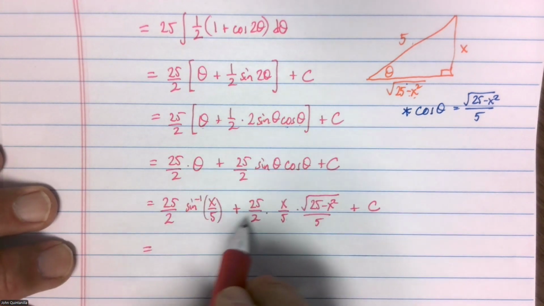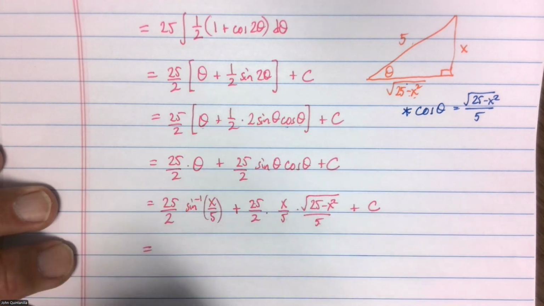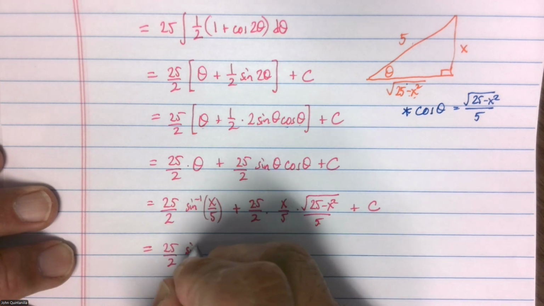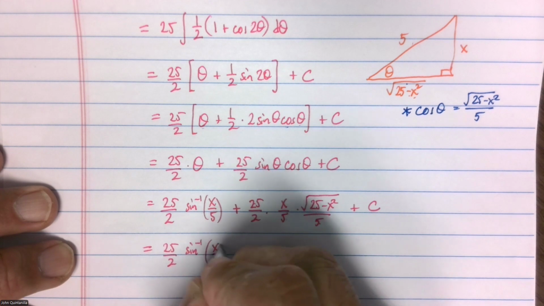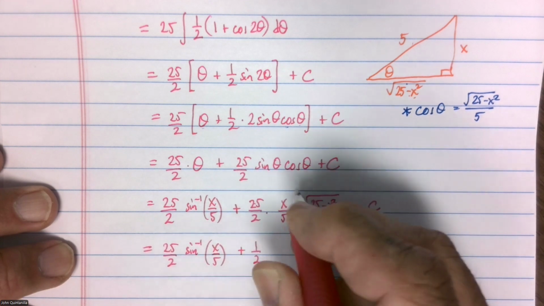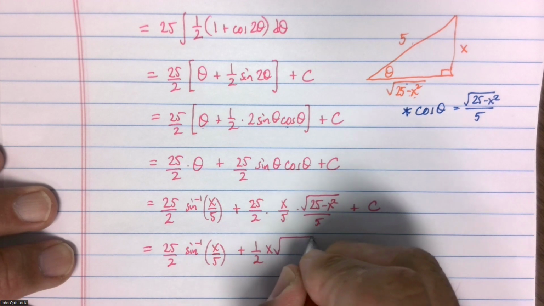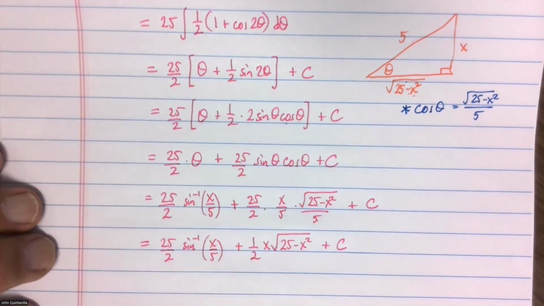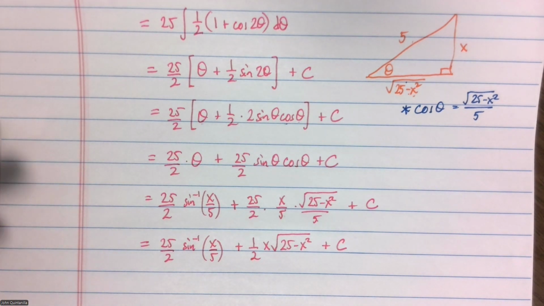And now we do a little simplification. 25, 5, and 5 all cancel. So we get 25 over 2 times the arc sine of x over 5 plus 1/2 times x times the square root of 25 minus x squared, plus c. And so that is the antiderivative of the square root of 25 minus x squared.